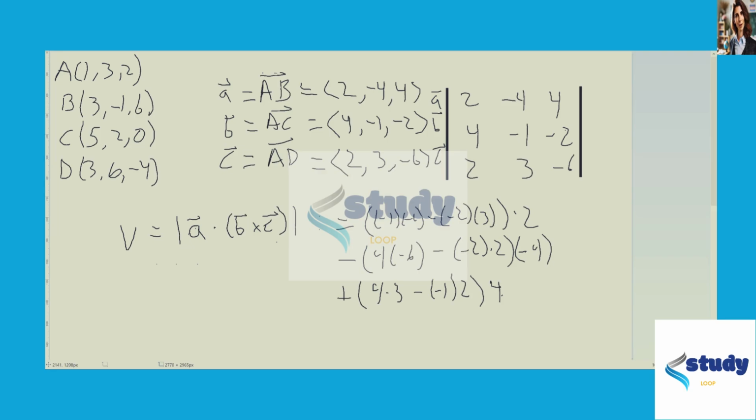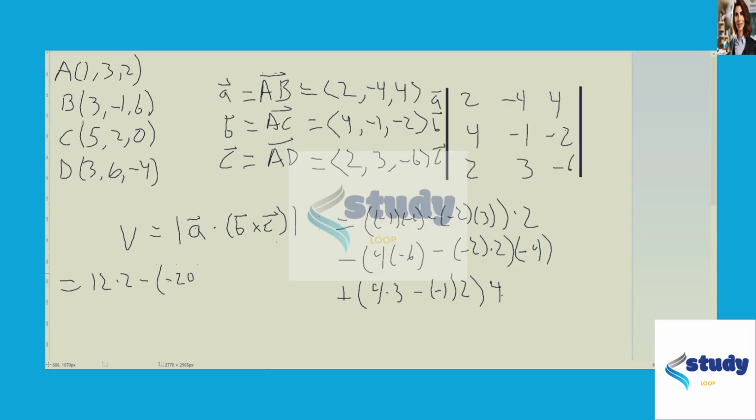Since we don't have any i's, j's or k's, this is not a vector, but just a scalar, so let's add everything up. 6 minus negative 6 is going to be 12 times 2 minus negative 24 minus negative 4.